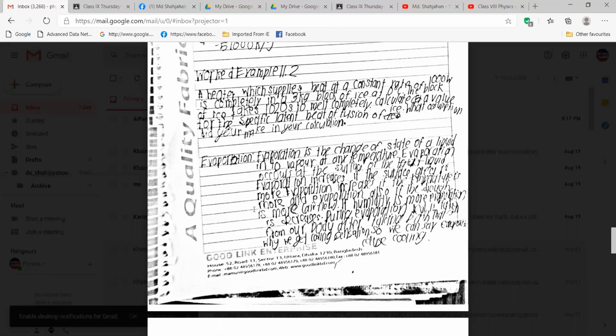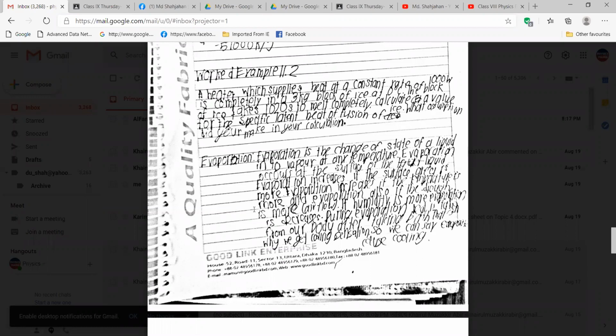Okay, so here you got lots of information about evaporation, right? All the necessary information. Here you got what evaporation is, and where evaporation occurs. Evaporation occurs at the surface of the liquid, right? Then you also wrote evaporation increases if the surface area is more.